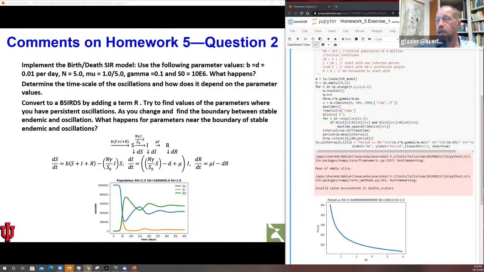Okay, if you've already got it, why don't you try changing one of the other parameters? Instead of changing R naught, you could try changing the death rate, for example.